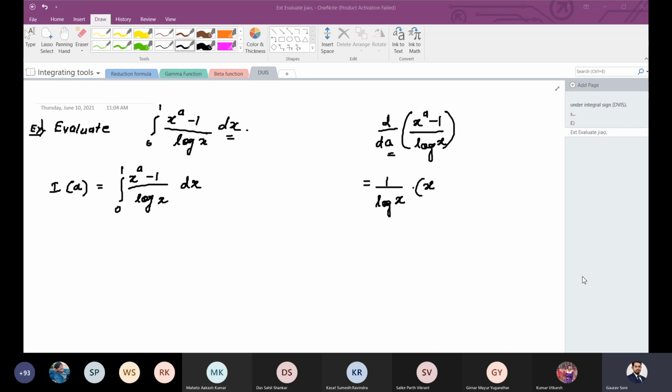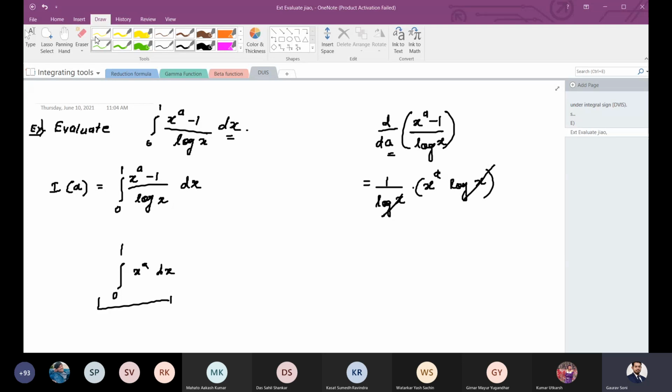It is x raised to a into log x. X raised to a into log x upon log x, so this will get cancelled out. Fine. So the inner term will directly be x raised to a, whose integration is very much easier to solve. This integration I can solve, whereas this was difficult.